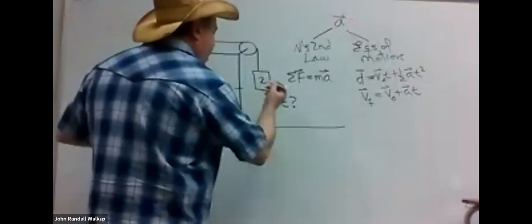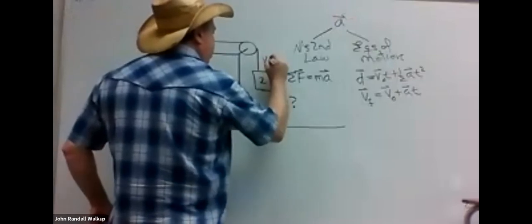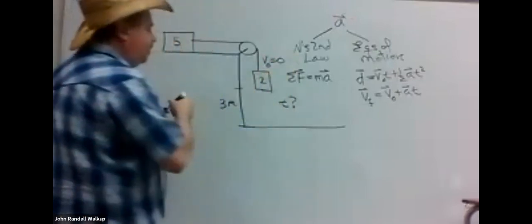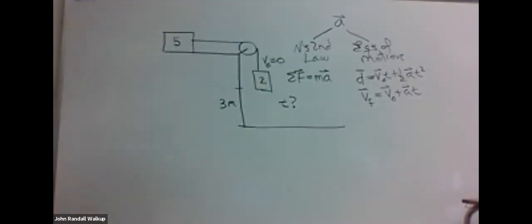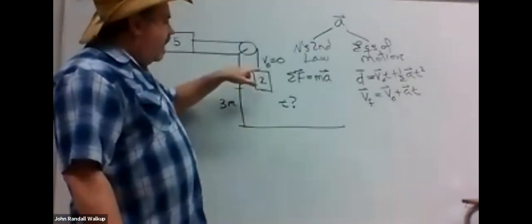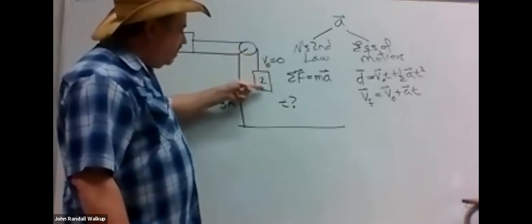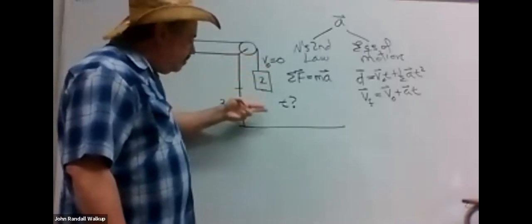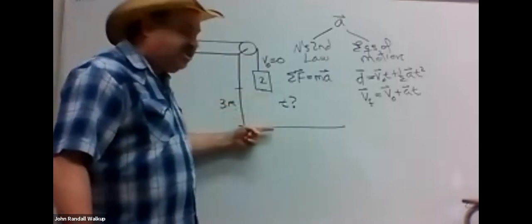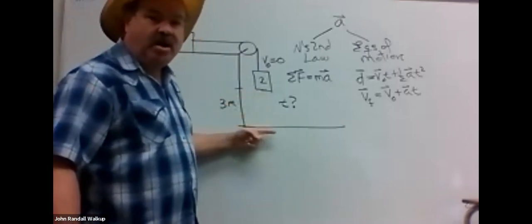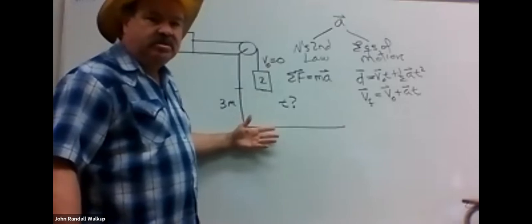By the way, I forgot to mention, we'll start this thing off at v equals 0. So in other words, I'm going to just let go of the system and let it go. So I know the initial velocity of my mass here, and I know that it travels 3 meters, but that's all I know. I don't know how fast it is traveling when it hits the ground. I don't know anything else.